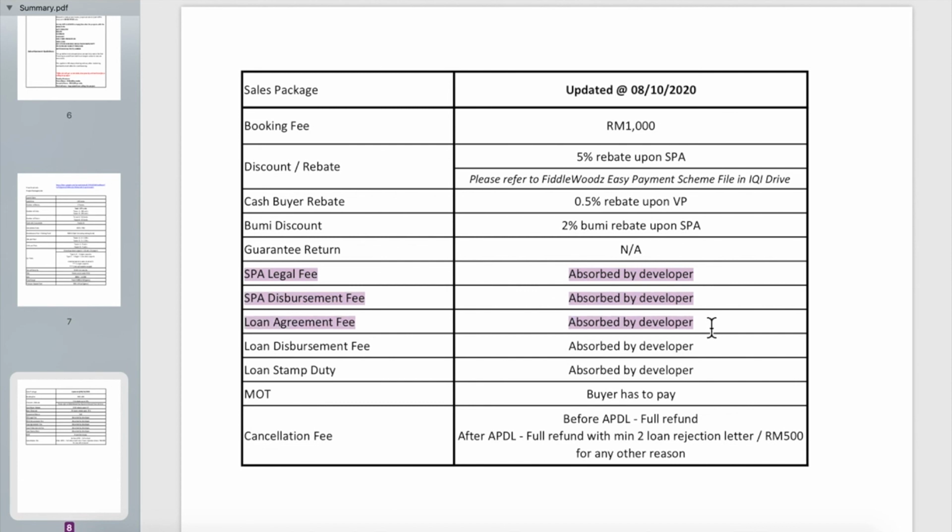This project is by Exim, loan disbursement, loan agreement fee, and loan stamp duty absorbed as well. The only thing buyer have to pay is the MOT. So this is how you find the project that is absorbed.